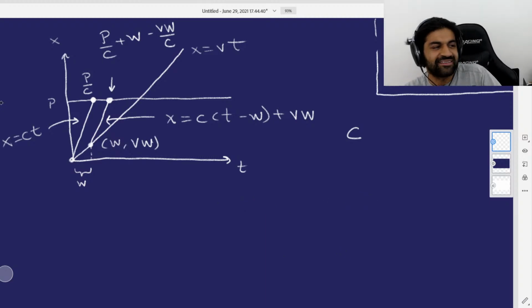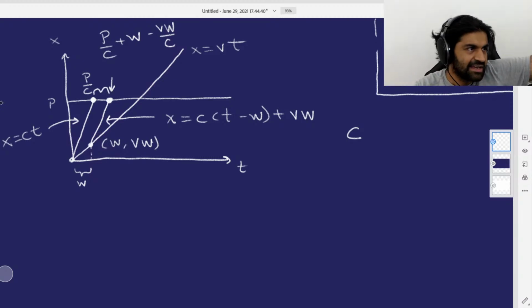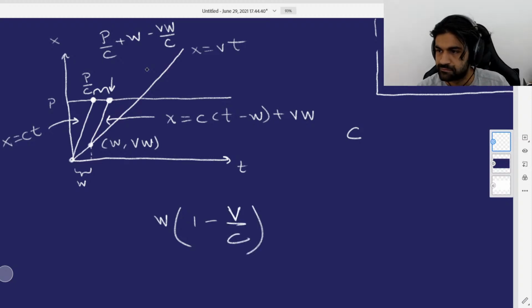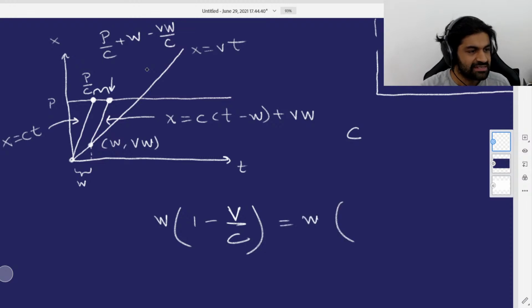The gap between emissions started out as W, and then the gap up here is the difference between these two times, which is just W times (1 minus v over c). Which you can rewrite, as is tradition, as W times (c minus v) over c.